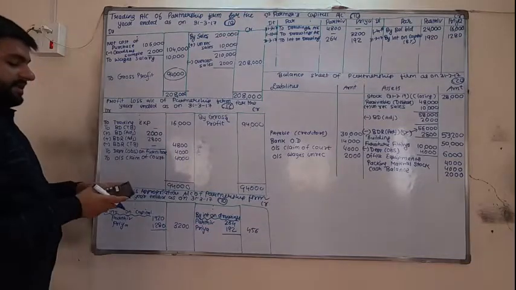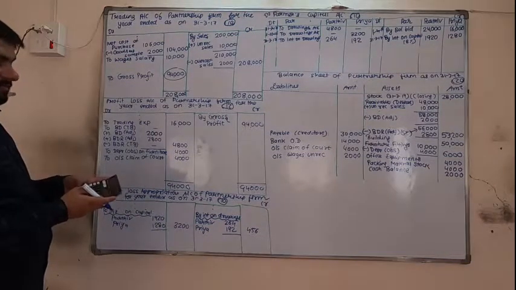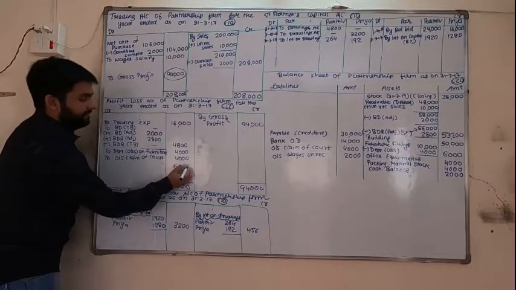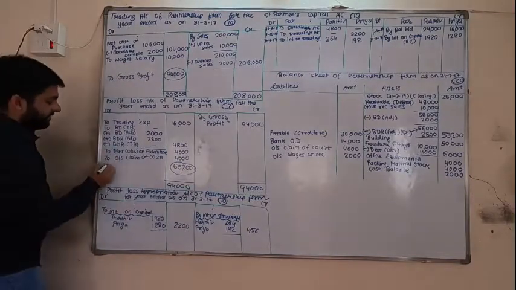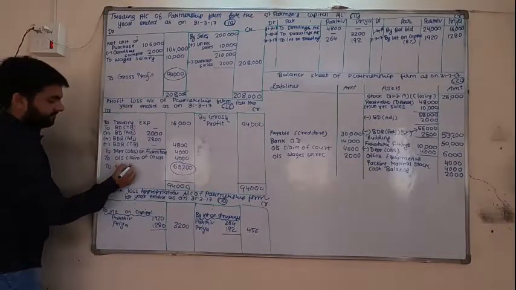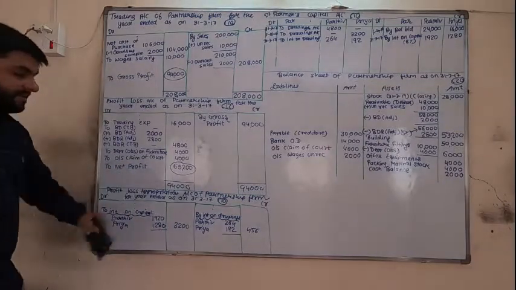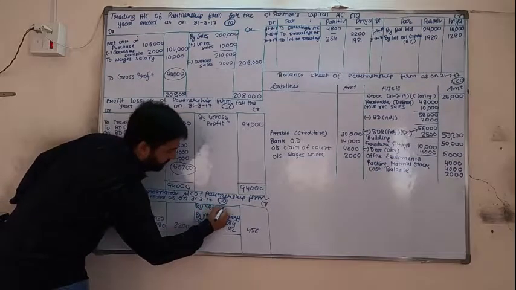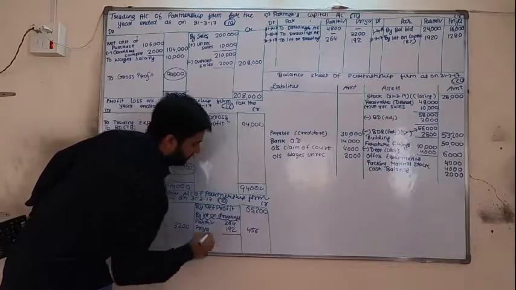Now again 94,000, subtract 16,000, 4,800, 4,000, 4,000. That is 65,200, and this is net profit. Now this is debited, here it is credited. By net profit 65,200.